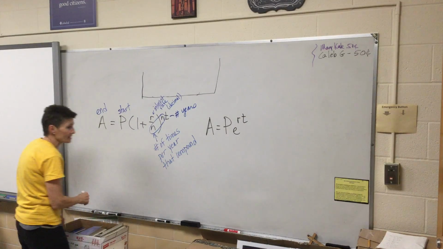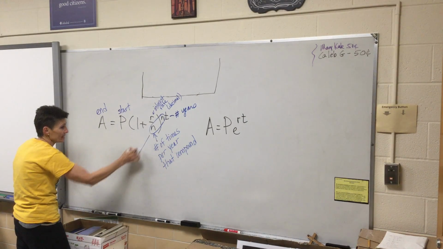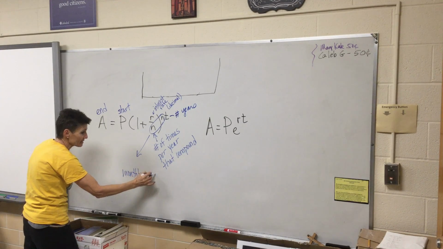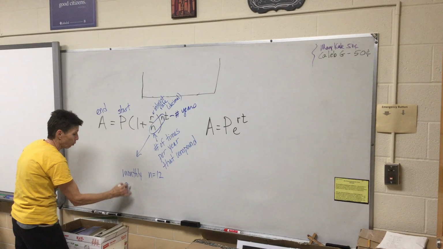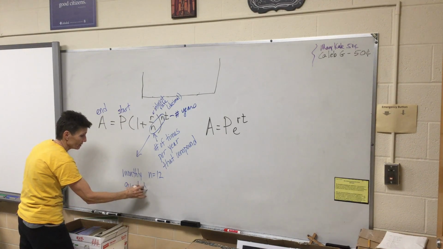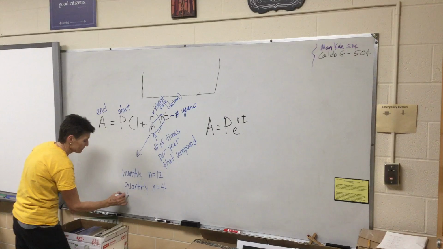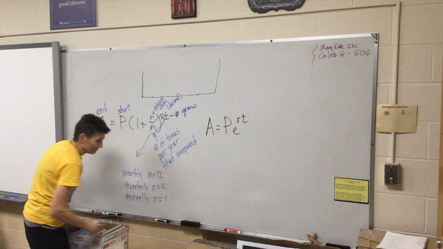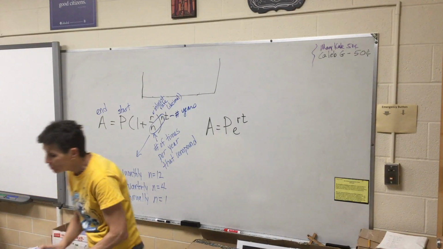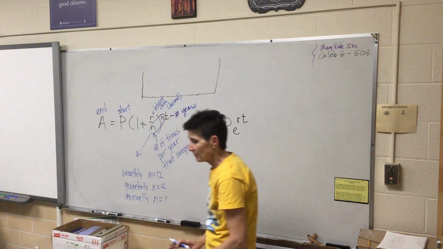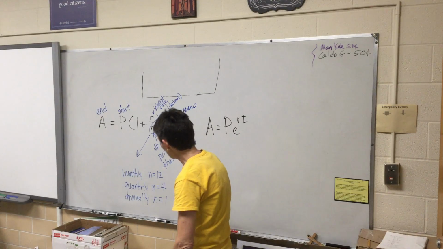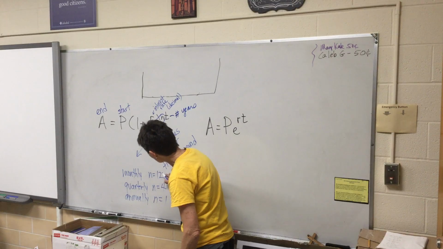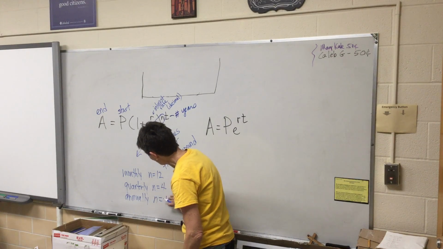I'm going to add an additional note for N here. Monthly means N is 12. Quarterly means N is 4. And annually means N is 1. Those are the most common ones. You can have lots and lots of others, but those are the most common ones because it's the number of times per year. 12 months in a year, 4 quarters in a year, 1 year.